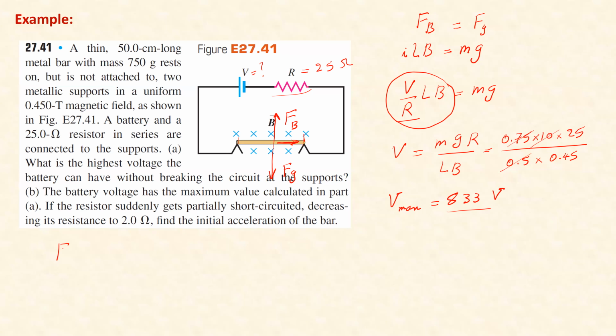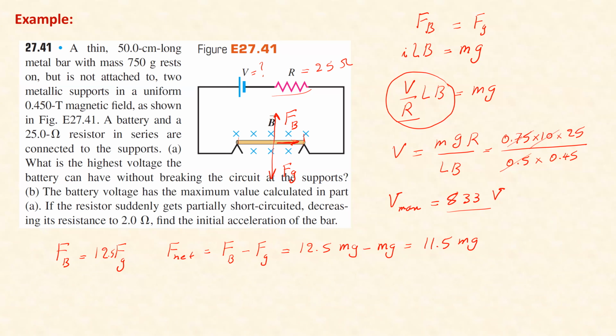So now F_B is equal to 12.5 times the force of gravity, and F net becomes the force of the magnetic field minus the force of gravity, which is 12.5 mg minus mg, which is 11.5 mg.